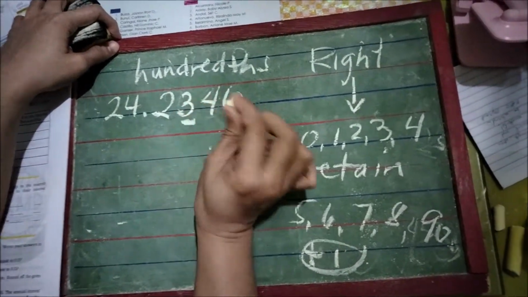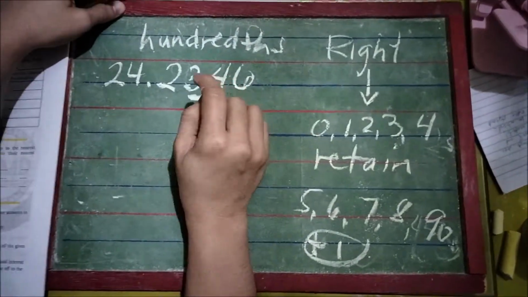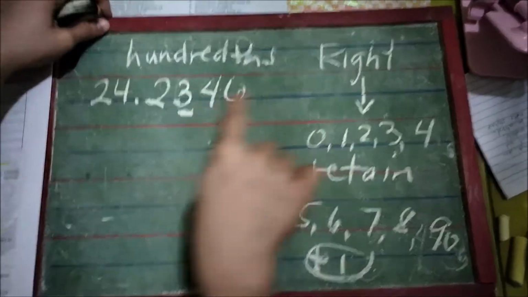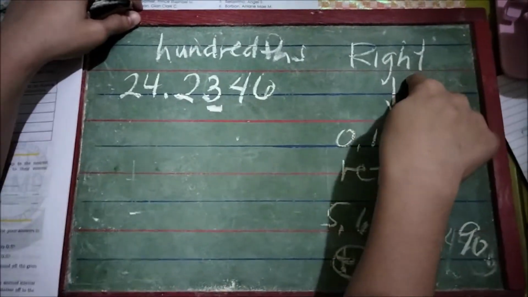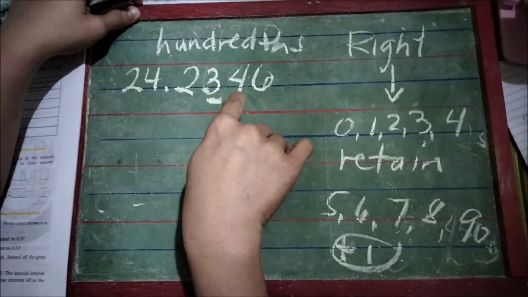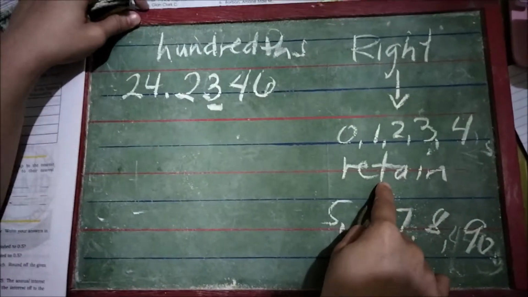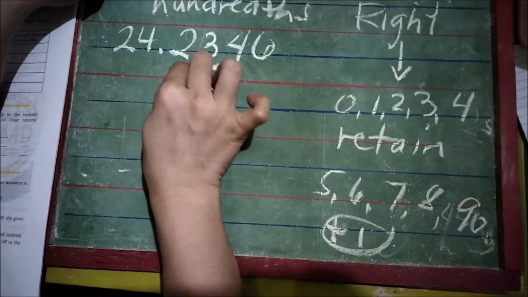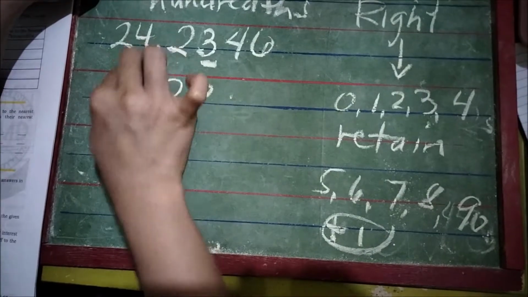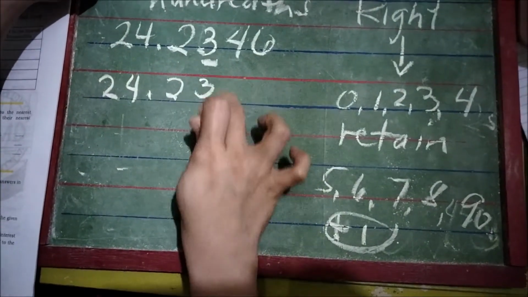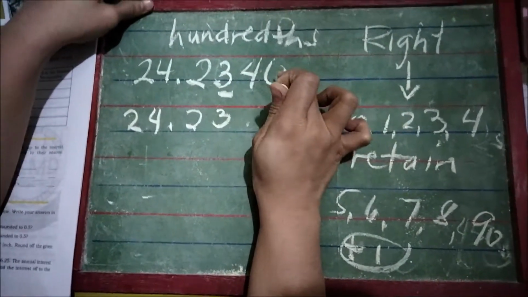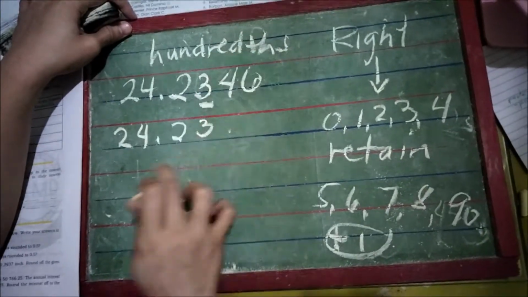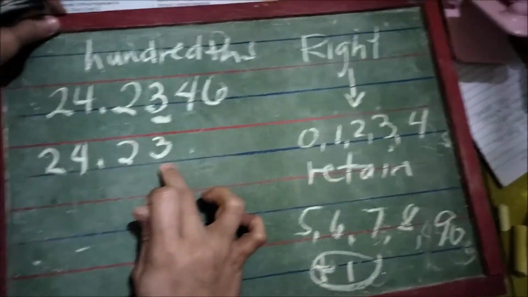That number is 3, because 2 is tenths and 3 is hundredths. In our rule, look at the right of the number to be rounded off. The number on the right is 4, so retain the number. Just copy 3 and all the numbers on the left. There is no need to put 0 here; drop the numbers on the right because it's a decimal number. So your final answer rounded to the nearest hundredths is 24 and 23 hundredths.